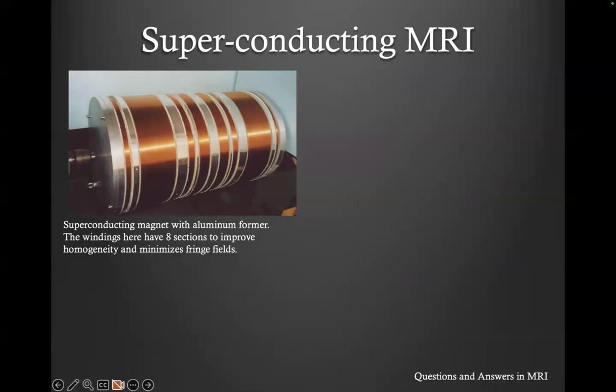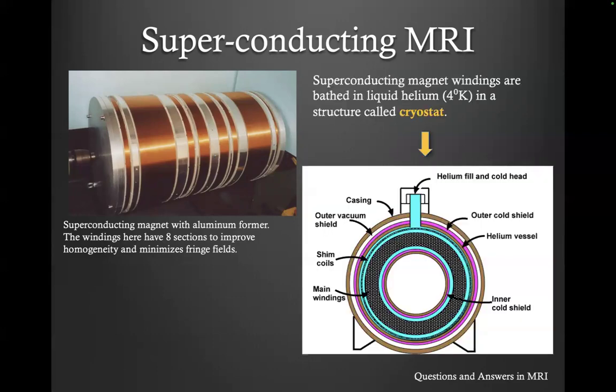In this superconducting magnet, you have an aluminum former, and these windings have 8 sections to improve homogeneity and to minimize fringe field. In order to realize this superconducting environment, you need to have all your electrical conducting materials submerged in liquid helium, at a very, very low temperature.